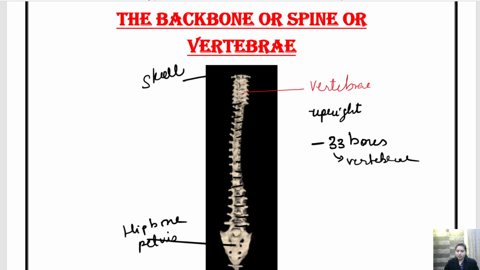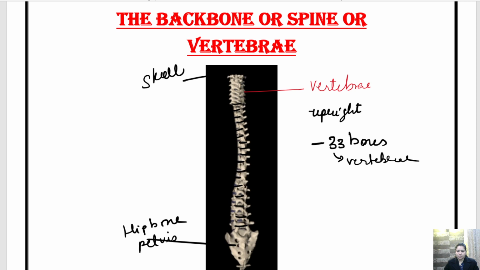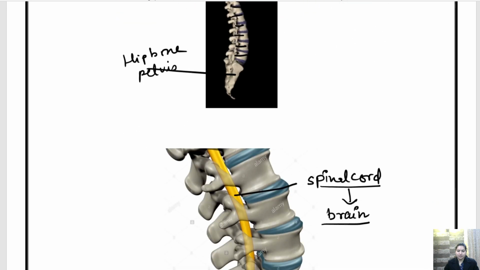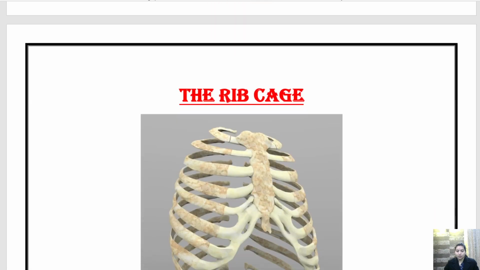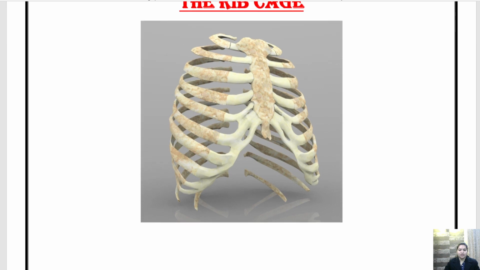So about vertebral column, we are clear. We have seen, see this is a bit curved in shape. This we have already seen, children. Then coming on to the rib cage. So children, if you see the rib cage, there are approximately 12 pair of cages.